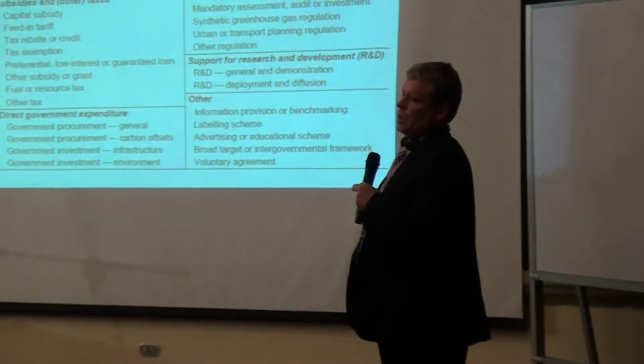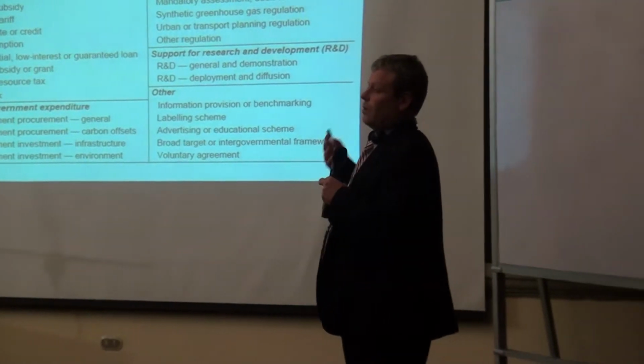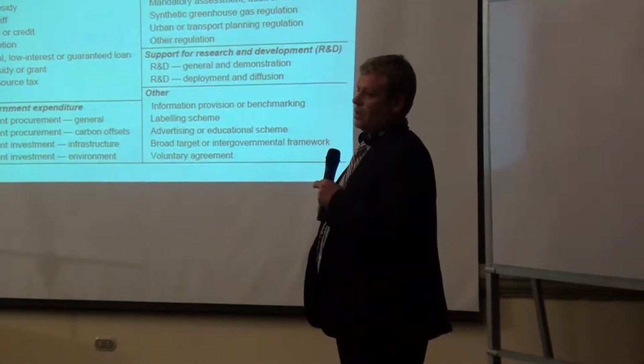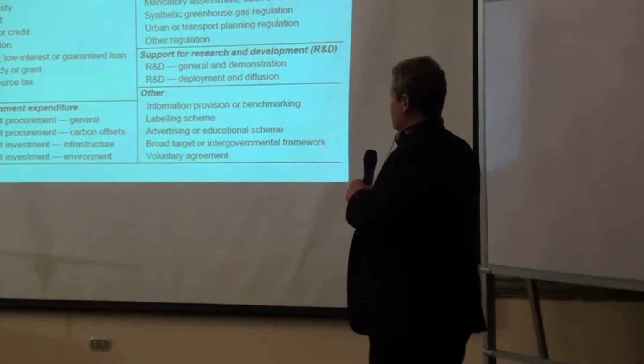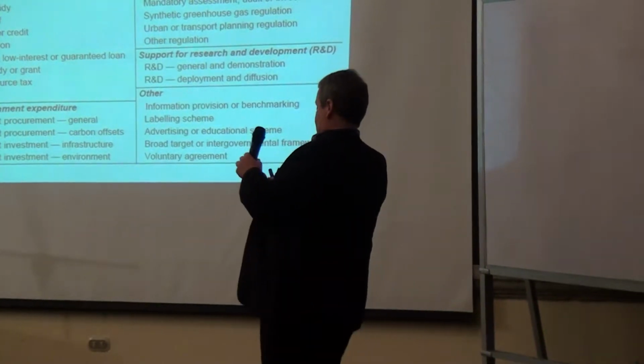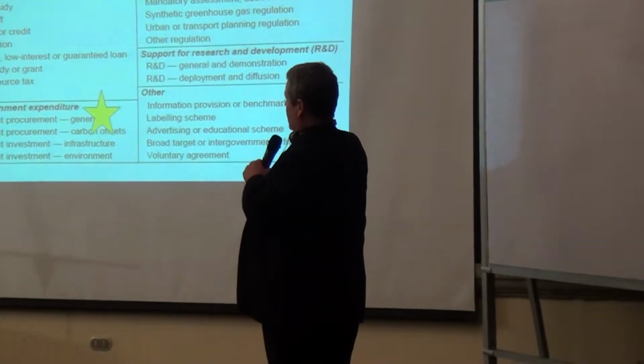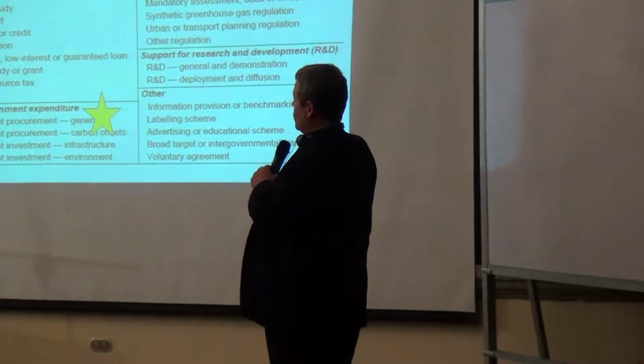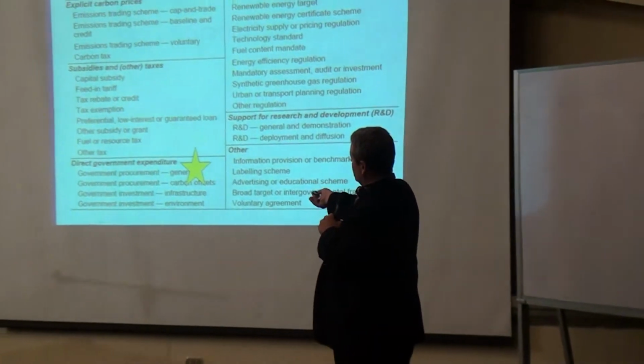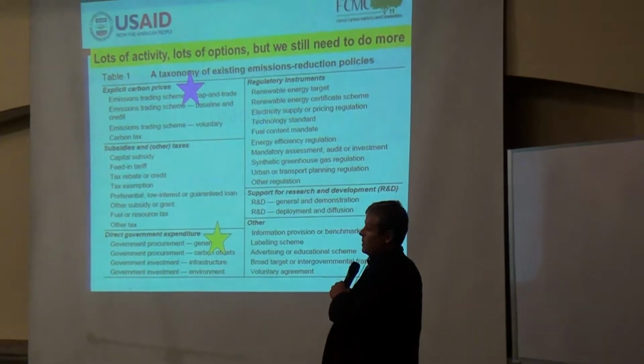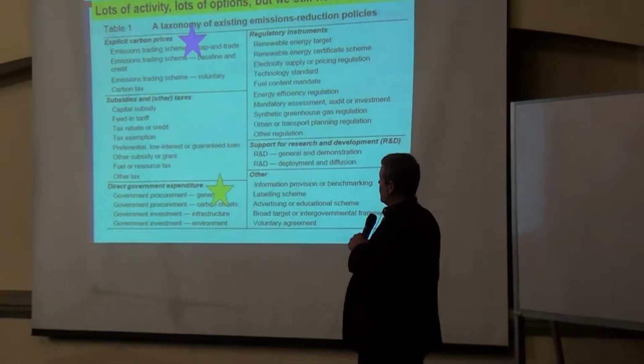It's something that's important to keep in mind as we move through this. There are a lot of things being done in the international marketplace. Now, let's have a look. So this is where we've been. We've been talking about direct government expenditure, and this is where we're going. We're going to be talking more about explicit carbon prices.